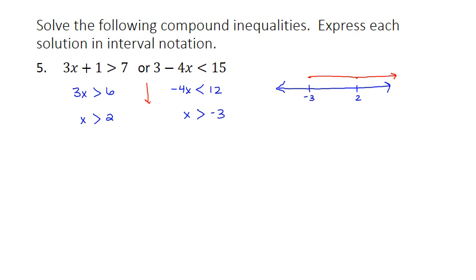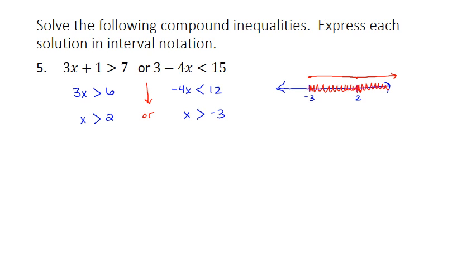Now the difference is that the word "or" does not mean they have to intersect. The word "or" means you have to include both no matter what. So if you look, x is greater than 2 took care of everything in this direction. X is greater than negative 3 took care of everything in this direction. So the 2 has nothing to do with this problem. We're not even going to use the 2.